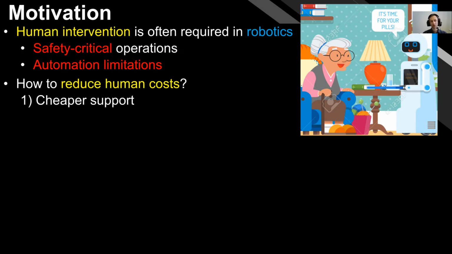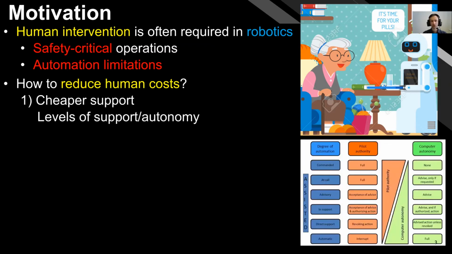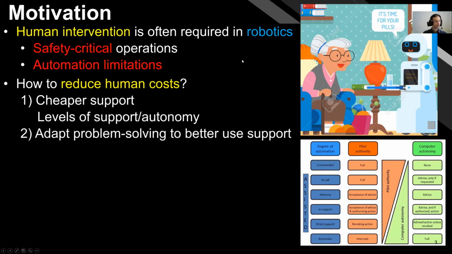And so there are two classic ways. One is to get cheaper support, using, for instance, a framework on the level of support and level of autonomy. So the robot is mostly autonomous, except on a few occasions, like when it looks at the pill. Then in that case, it should at least be watched or authorized before taking action. The other way is to adjust problem solving to better use the support that is there.